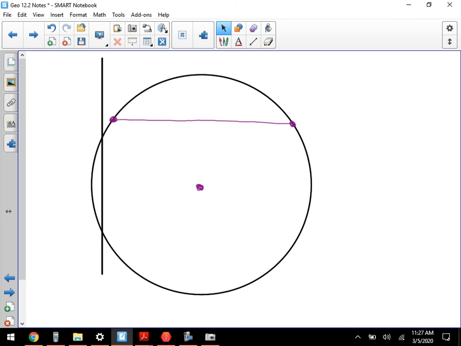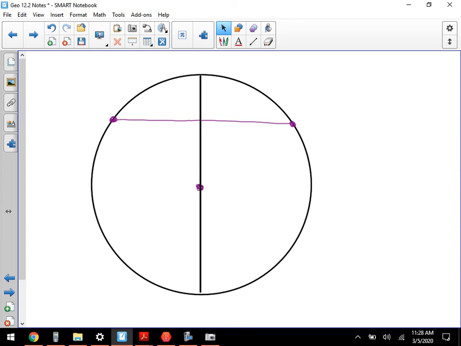Now, if I take just a generic segment, obviously it might be longer than what the diameter is. What's pretty close? Watch what happens as my segment that I think is a diameter gets through the center. Now, we know that if it's a diameter, it splits the circle into what? Cuts it in half, right?